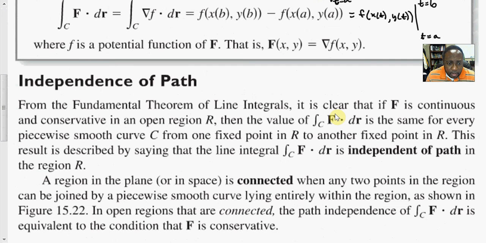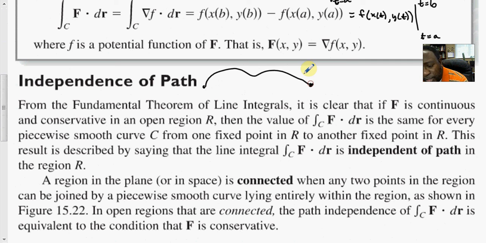Now, if F is conservative, then F is also said to be independent of path. What does this mean? The key is that F is conservative. The energy is conserved within the region. If that's the case, then it doesn't matter if you're moving from one fixed point to another fixed point.